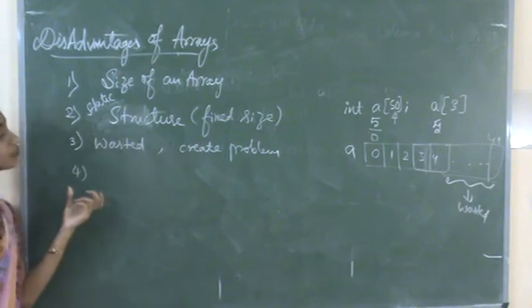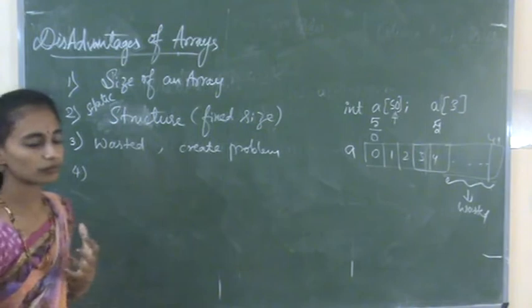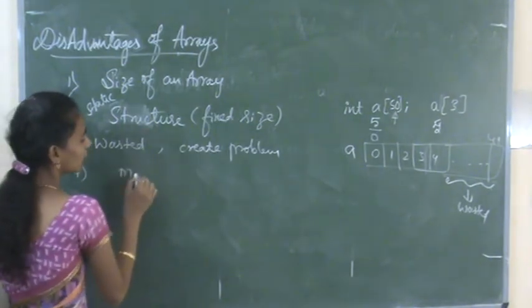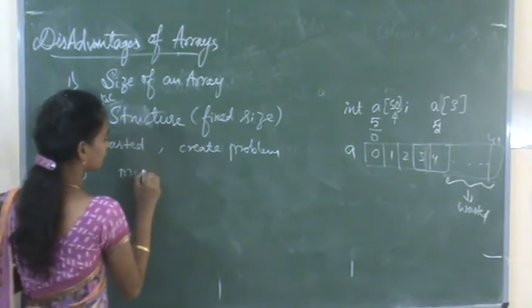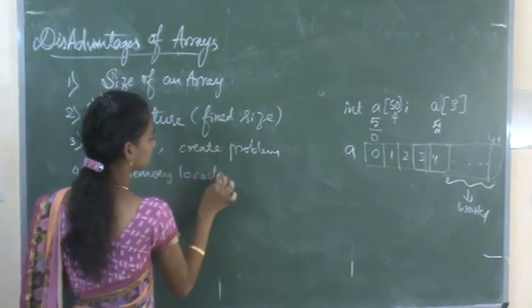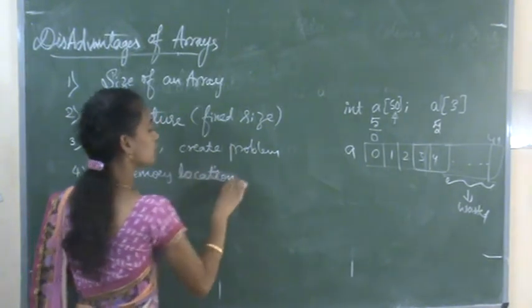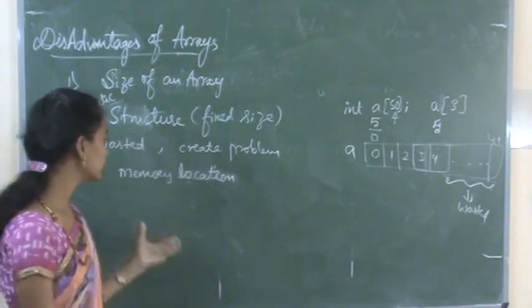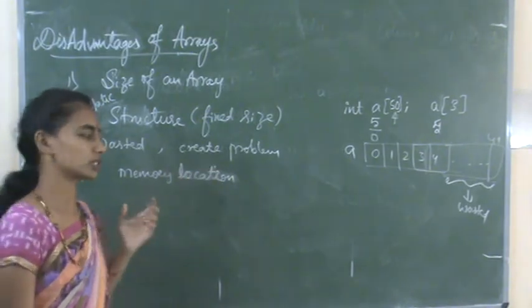So the last disadvantage of this array is, we know that we are inserting the elements in the memory in a consecutive or sequential manner, right? So the elements of an array are stored in consecutive memory locations or sequential memory locations.